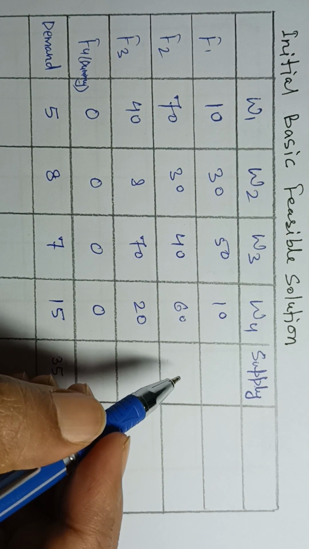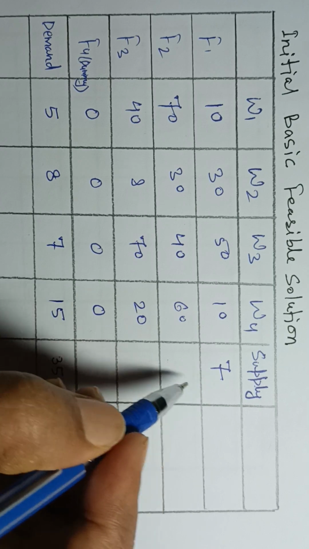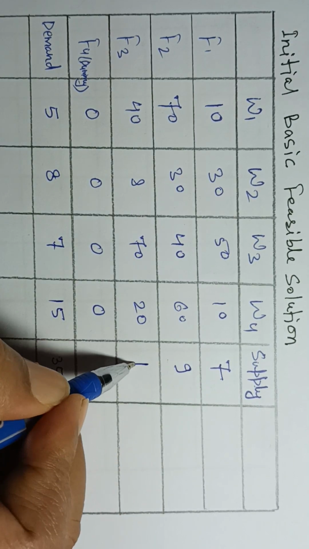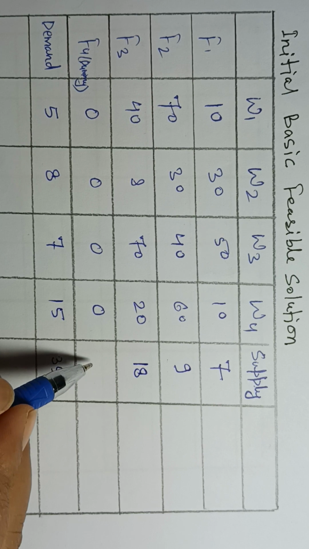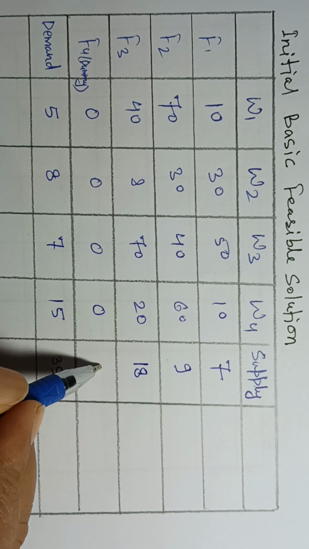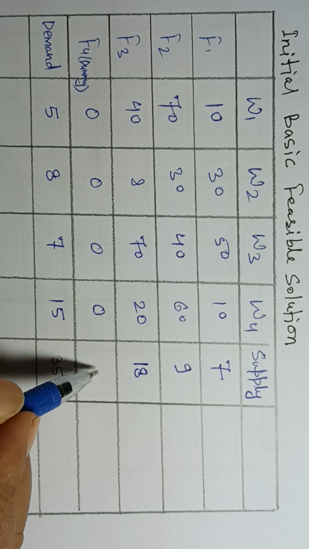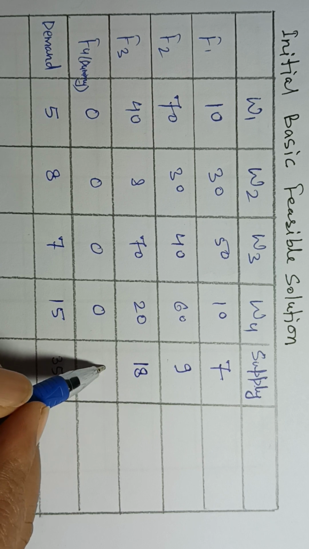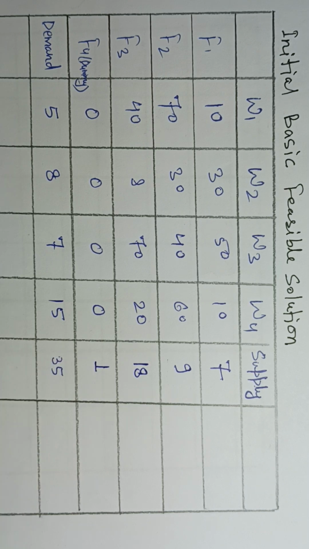It should also be 35 on the supply side, 7, 9, 18, and here you will have to add to equalize this demand with the supply. For what amount it is getting shortage you will have to add that unit, and I am adding here 1 for F4, that is dummy factory, where costs are given 0, 0, 0, 0, and here 1 I have added to balance this problem.